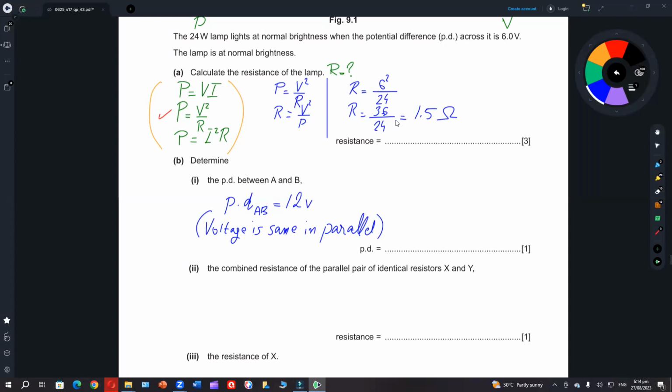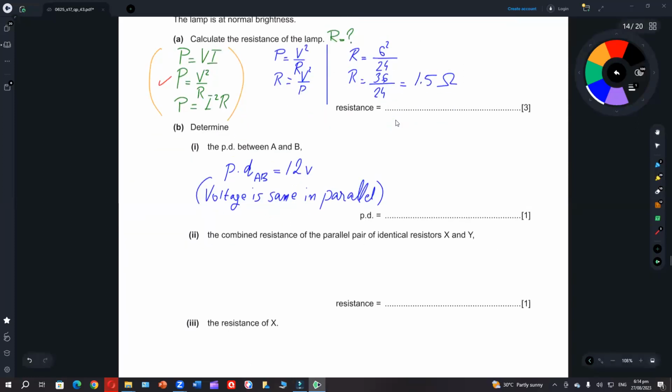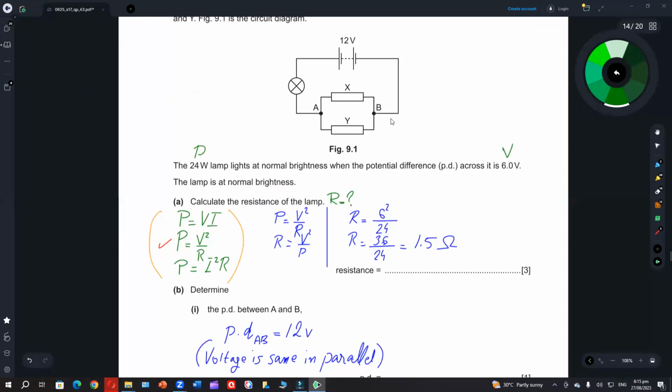The combined resistance of the parallel pair of identical resistors X and Y. So when two resistors are in parallel, we use this formula.